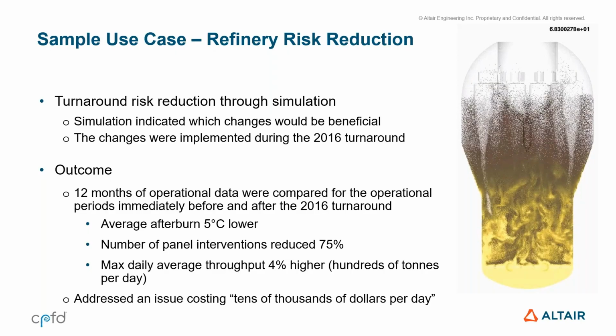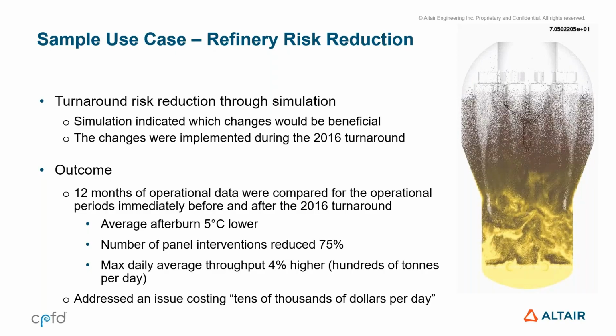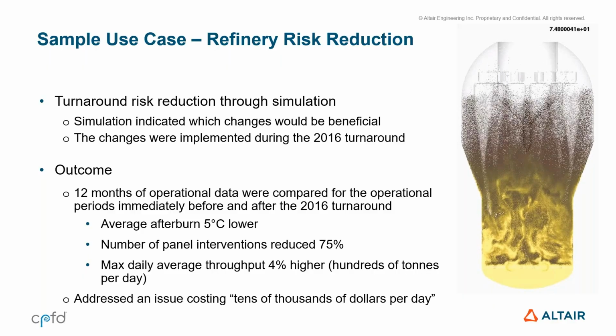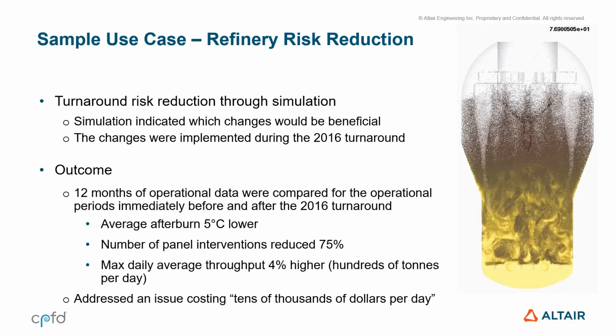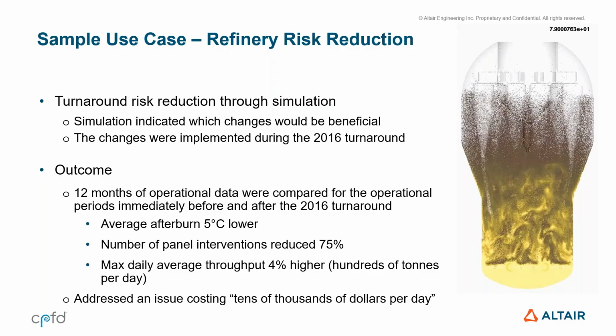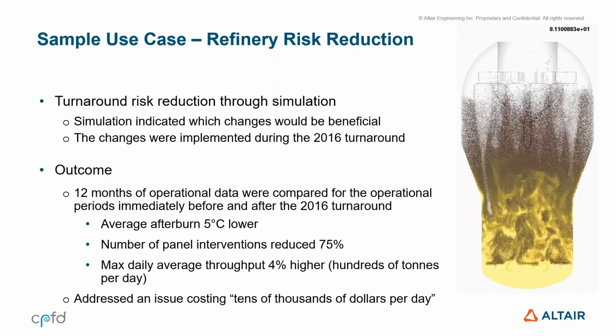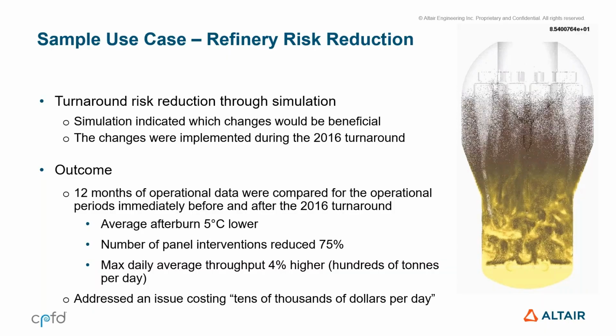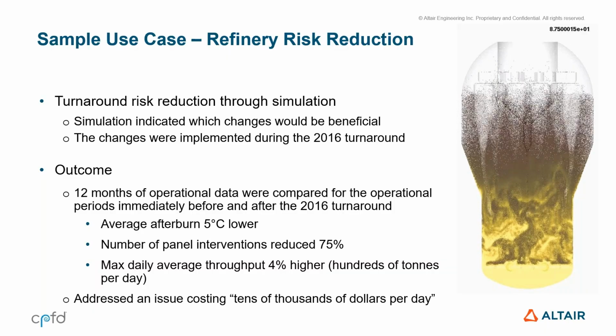They found a few things. The average afterburn was lower, just a little bit, but significant as you're getting closer to the metallurgical temperature limitations. But the transient excursions where these temperatures would run away and the panel operator would have to intervene, this went down 75% by simple changes.